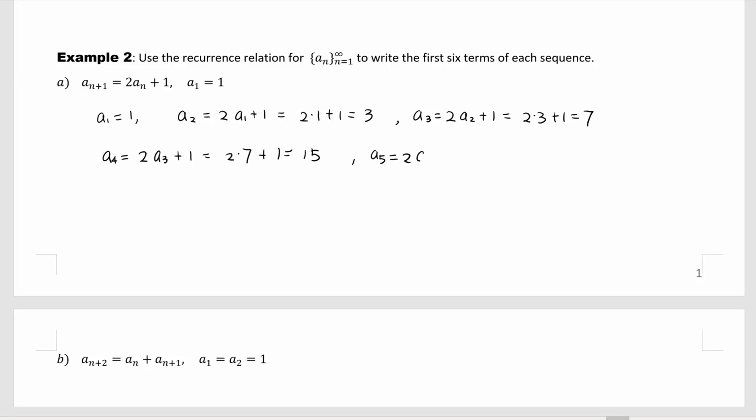A5 is 2 times A4 plus 1, which is 2 times 15 plus 1, that is 31. A6 is 2 times A5 plus 1. 2 times 31 plus 1 is 63. Okay, so those are the first 6 terms of the sequence.